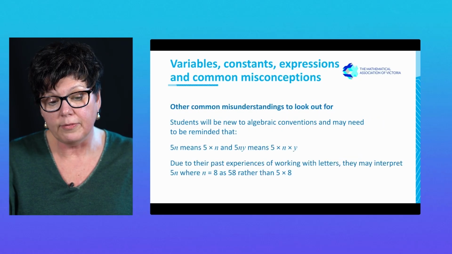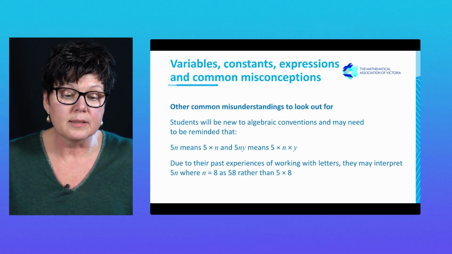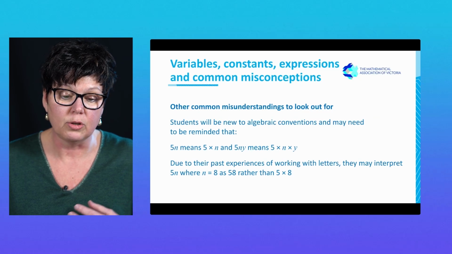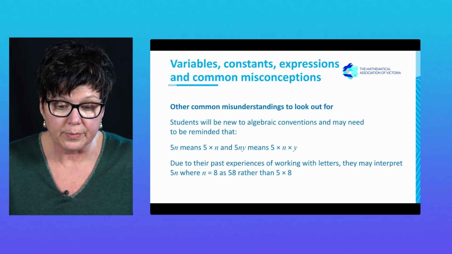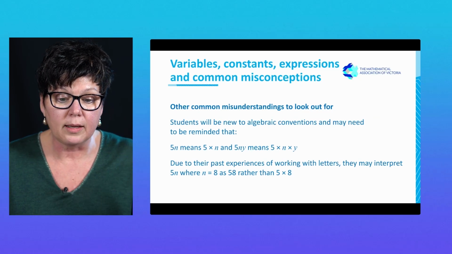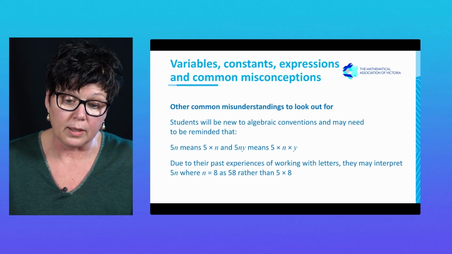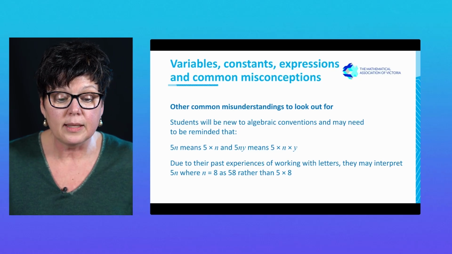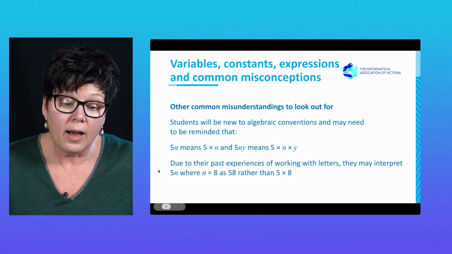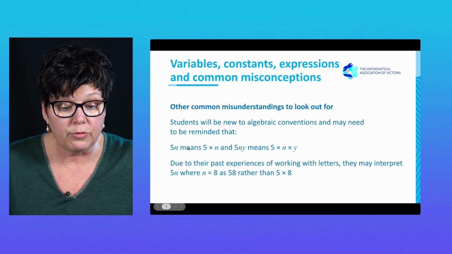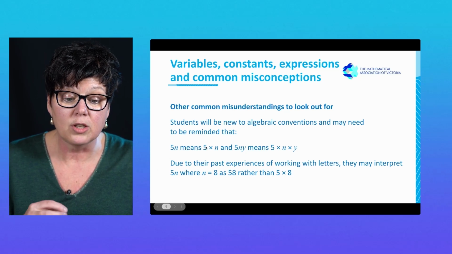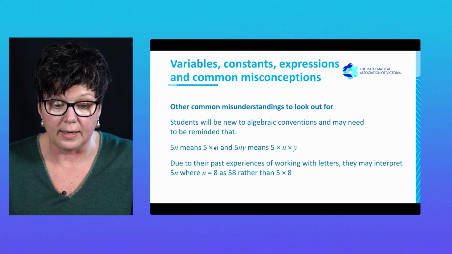Now there are a couple of other common misconceptions or understandings to look out for with your students. Some of that is algebraic convention, and again, some of it is maybe the way they've been working previously. So as we can see here, 5n actually is referring to 5 times n, or 5 lots of n.